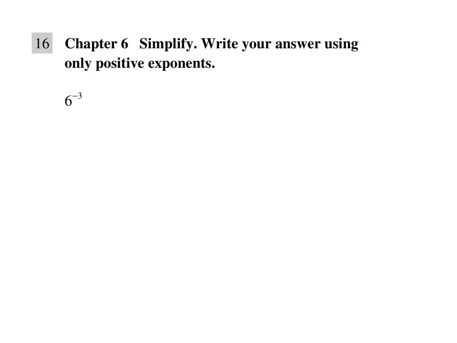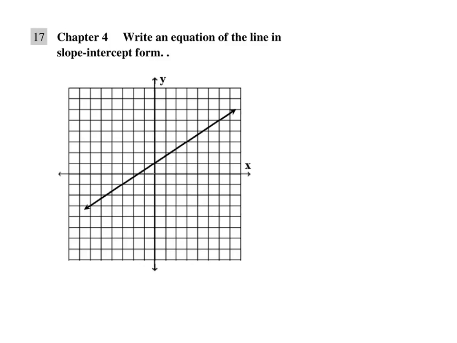All right, chapter 6, write your answer using only positive exponents. To make this exponent positive, I simply switch its position from the numerator to the denominator. And the exponent becomes positive. What number's on top, though? Always a 1 on top. Done. All right, number 17, going over a problem from chapter 4, write an equation of the line in slope-intercept form.